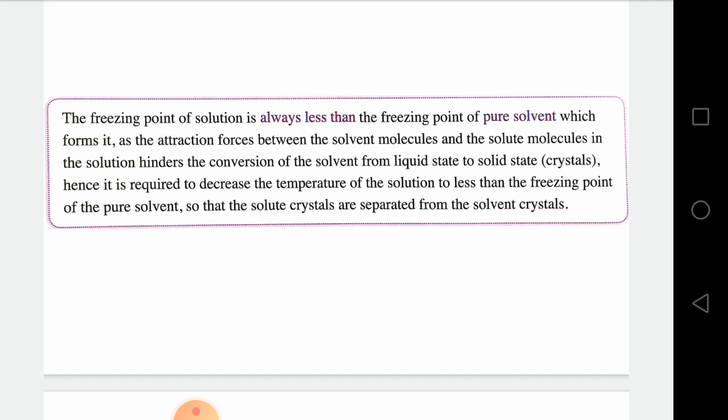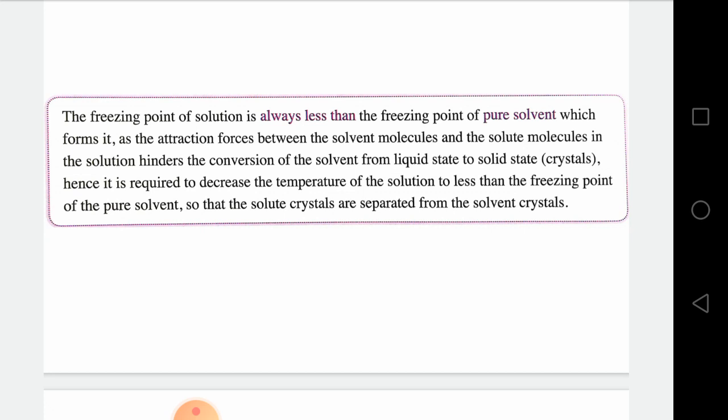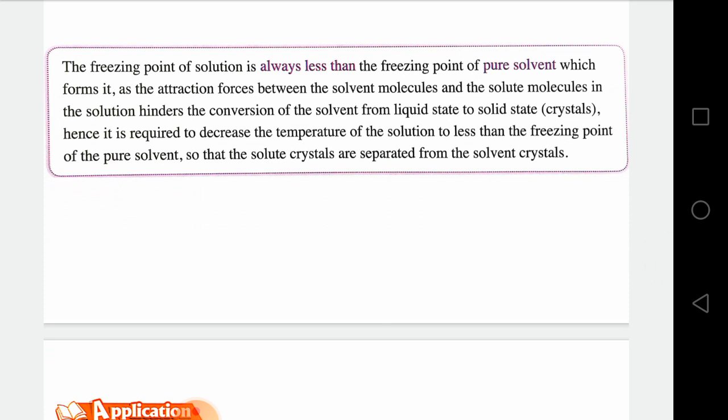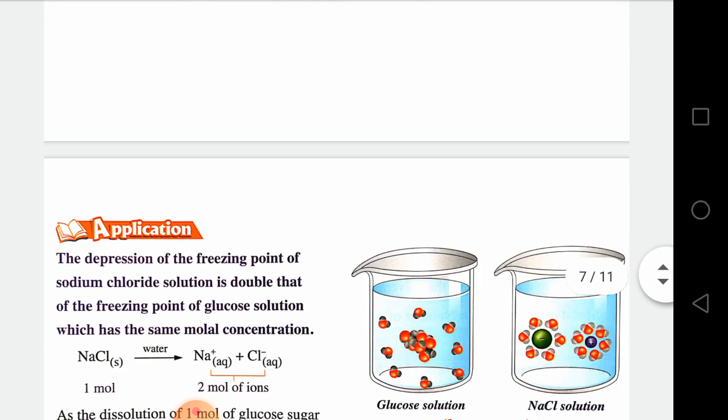So it will prevent, or lessen, the attraction force between the solvent molecules, which leads to this: if we lower the temperature to reach the freezing point, it will need a much lower temperature to reach the freezing point. So as a conclusion, the freezing point of a solution is less than the freezing point of the pure solvent.